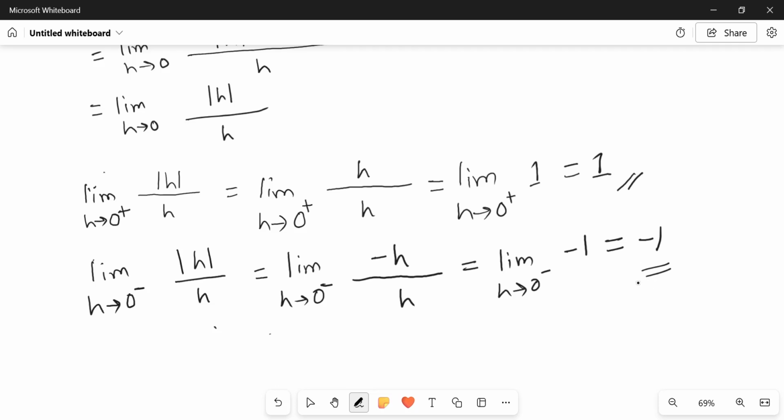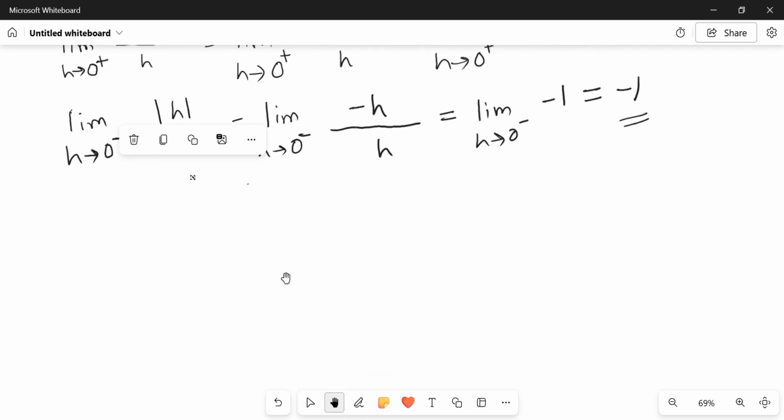And we know that when the one-sided limits are not equal, then the two-sided limit does not exist. So at x equal to 0, the function absolute value of x is not differentiable, since the one-sided limits are not equal.